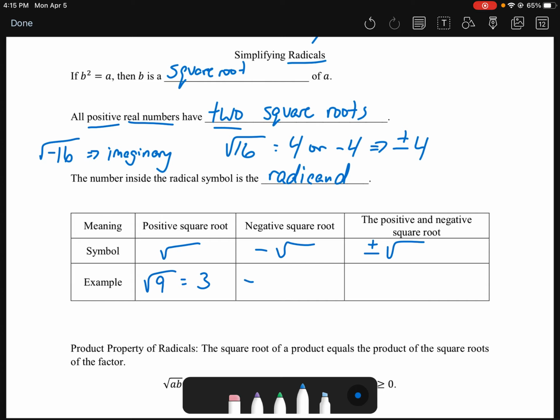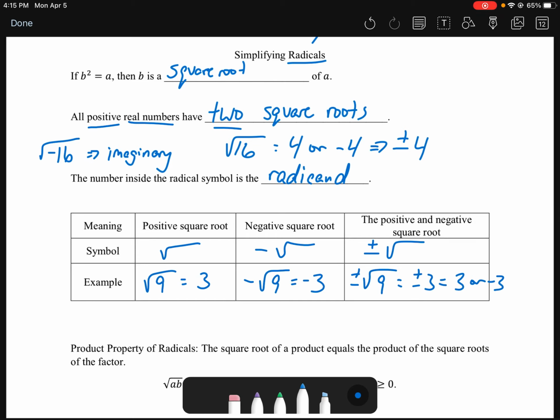If you're looking at the negative square root of 9, you can expect the answer negative 3 back. But if you get plus or minus the square root of 9, you can expect to get plus or minus 3, or positive 3, or negative 3.